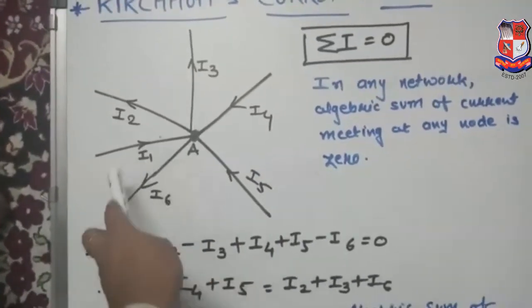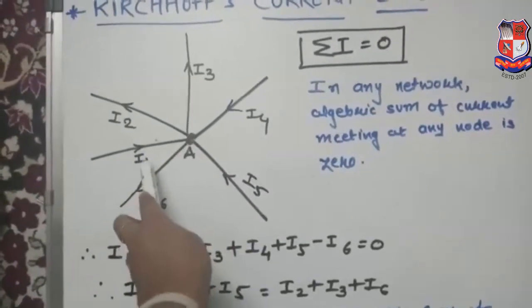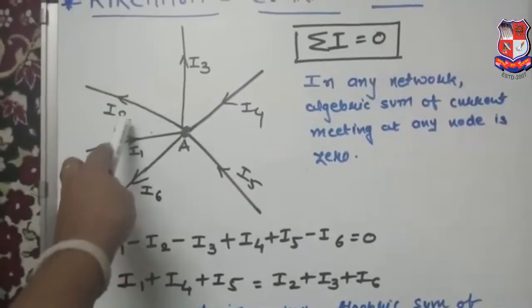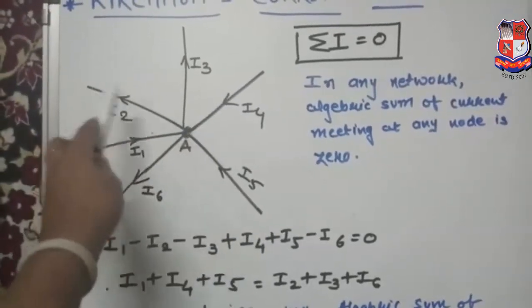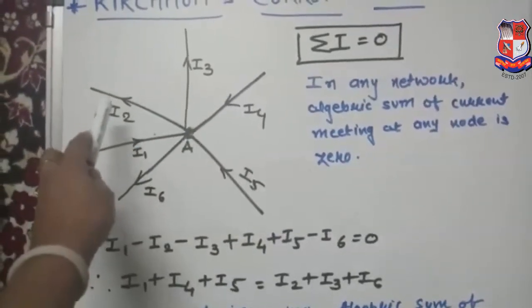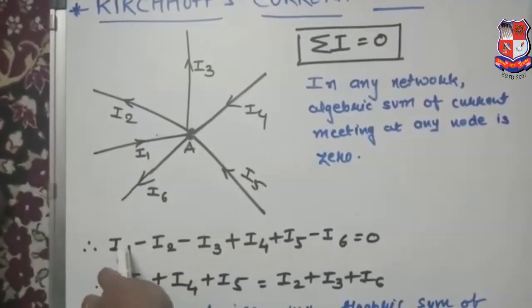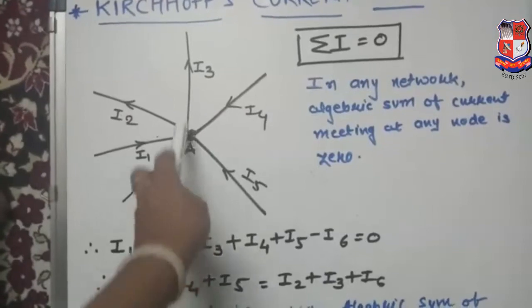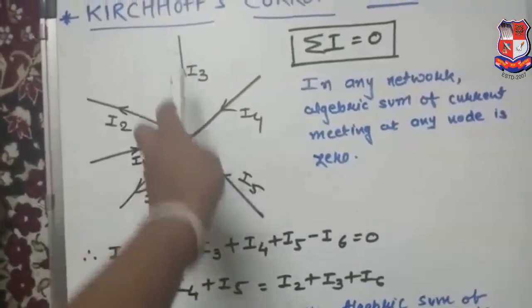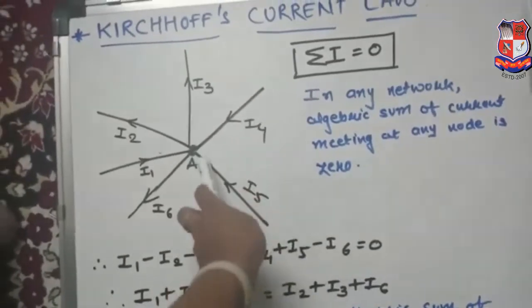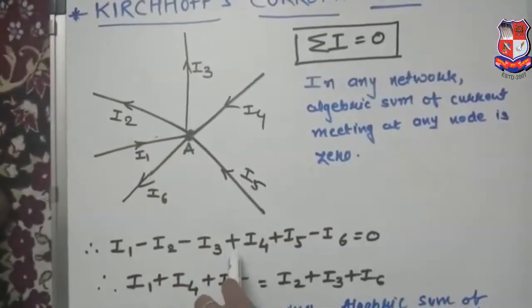So see here, I1 is incoming, so taken as positive: I1. Same way I2 is going outside, an outgoing current, so considered negative: minus I2. Same way I3 is also outgoing, so negative: minus I3. I4 is incoming, so positive: plus I4.